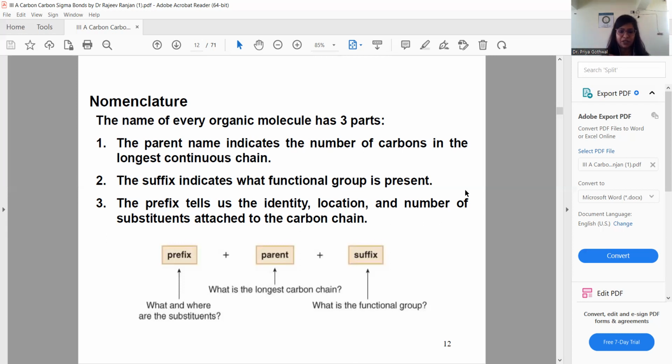The second one is the suffix. The suffix indicates what functional group is present. Many kinds of functional groups are found in organic compounds.